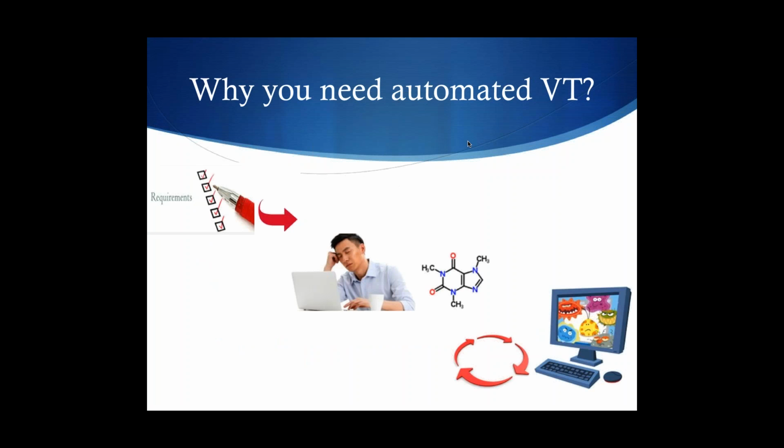You get requirements, it goes to you, the QA tester, and just in case you didn't know what that molecule was, that's caffeine. And in this very, very manual process of doing your visual test, no matter how hard you try, ultimately a UI bug is going to manifest itself. So you want to go from here, or a little bit more than 4 months ago, this is where we were at with localization testing.